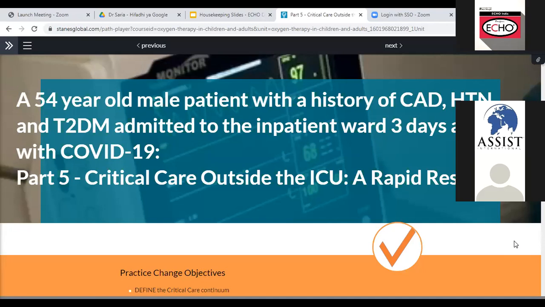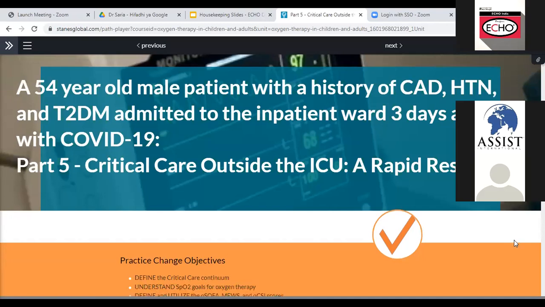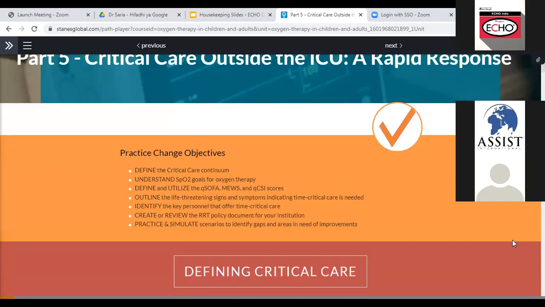And the practice change objectives. These are the practice change objectives. We need to understand the definition of critical care continuum. We also have to understand the oxygen saturation goals for oxygen therapy, I mean the SpO2 goals for patients who are receiving oxygen, and also some terminologies like qSOFA, MEWS, and qCSI scores. These are the scores used in the ICU or outside the ICU.